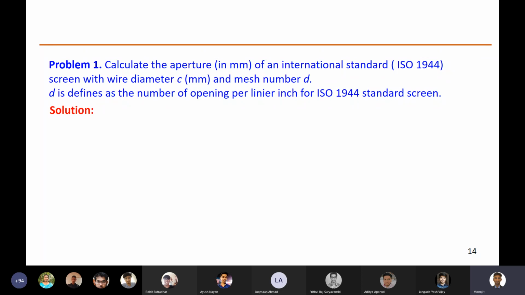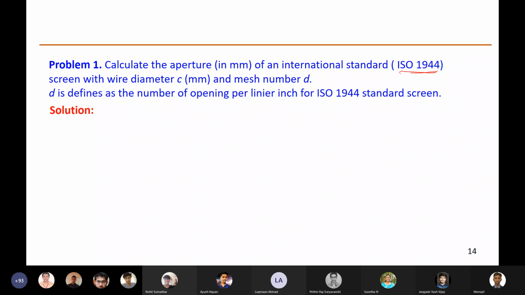So what you have to do is calculate the aperture in millimeter of an international standard screen with wire diameter C, both given in millimeter. The aperture you have to calculate in millimeter and the wire diameter is given in millimeter. The mesh number is given as D. So no number is specified, all are variables. So D is defined as the number of openings per linear inch.